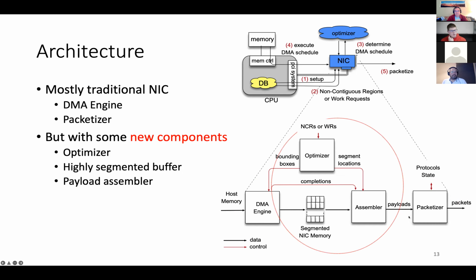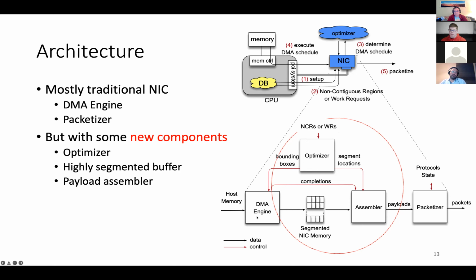But we need some new components because our NIC needs to be smarter. We first have an optimizer that takes in this high-level abstraction from the programmer and figures out how to fetch that data. It then sends what we call bounding boxes to the DMA engine that fetches them, and at the same time it tells the assembler where the data will end up.